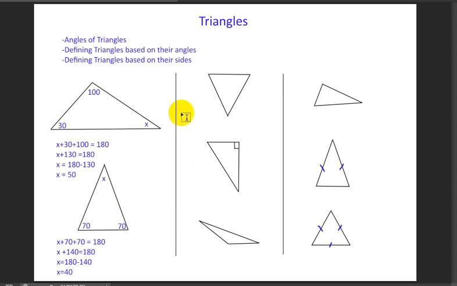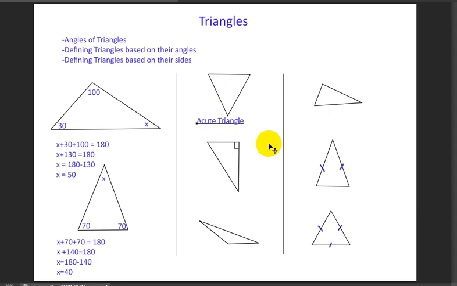Okay, next up, we want to define triangles based on their angles. So there are three categories for each type of definition: three categories based on angles and three categories based on sides. For angles, the first category is having an acute triangle.